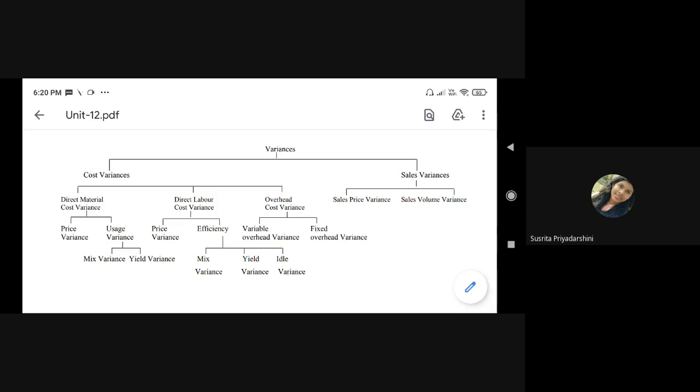What is the verification? After adding price variance and usage variance, it should equal the direct material cost variance. It is not only for the material cost variance. It should hold for labor cost variance, for overhead cost variance, and also for sales variances. The verification needs to be made by all students who are solving these problems.